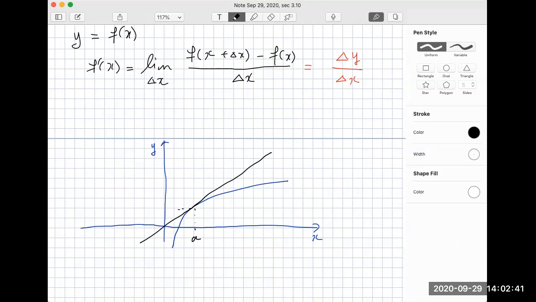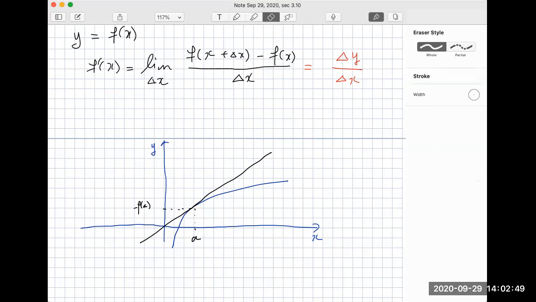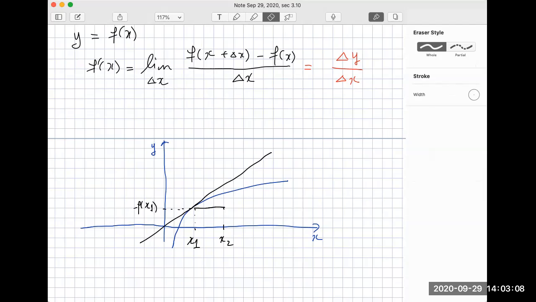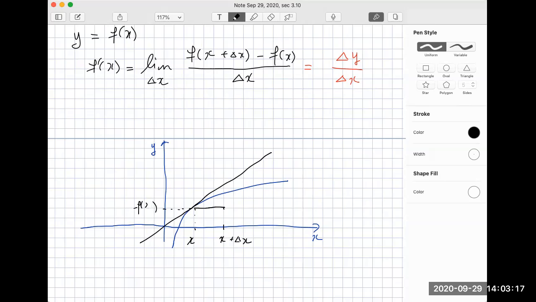This is a, f of a, okay? And let us call it x here. And here we have x and x plus delta x. Sorry for making changes to it quite often.